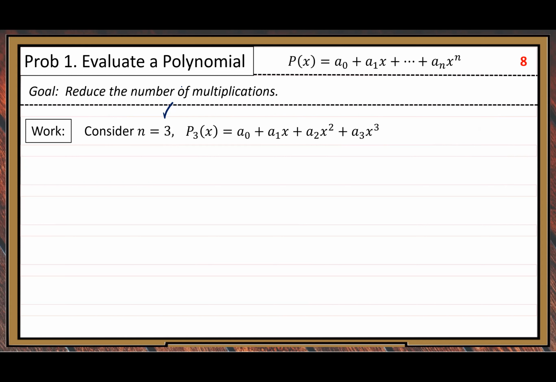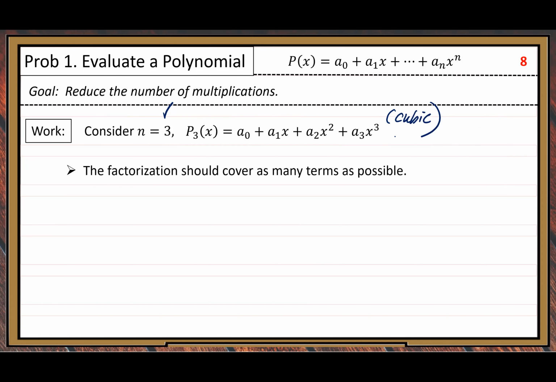P3, this time we have a cubic polynomial, from quadratic to cubic polynomial. This time, let us try to take advantage of that common factor property and do factorization.